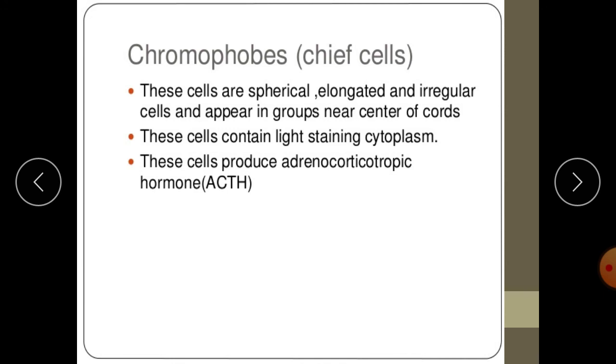So ACTH is secreted by the chromophobes. TSH, prolactin, LH, FSH and growth hormone are all secreted by the chromophils.